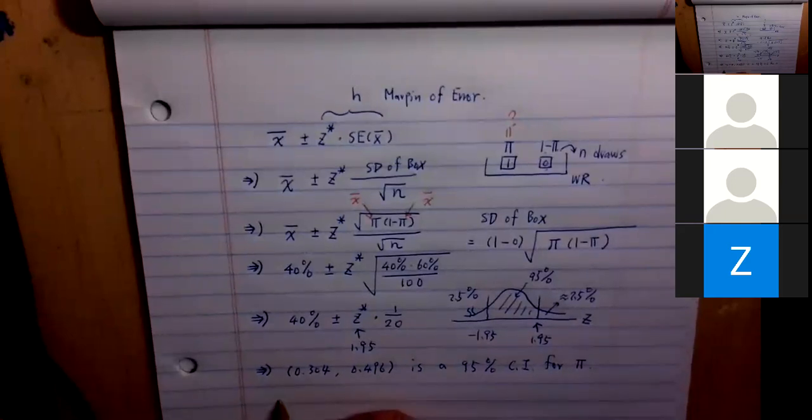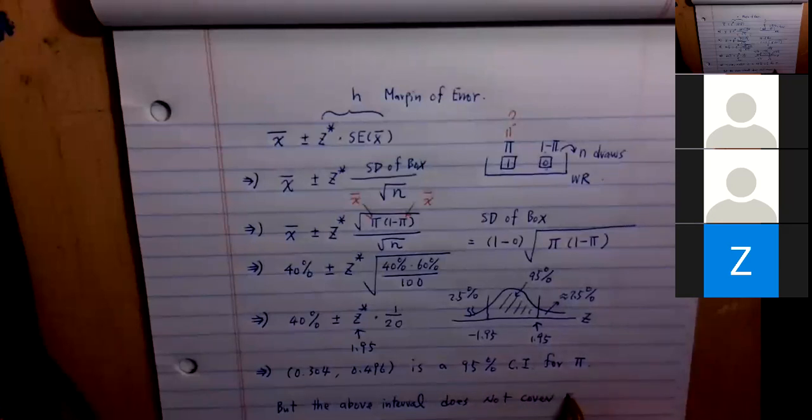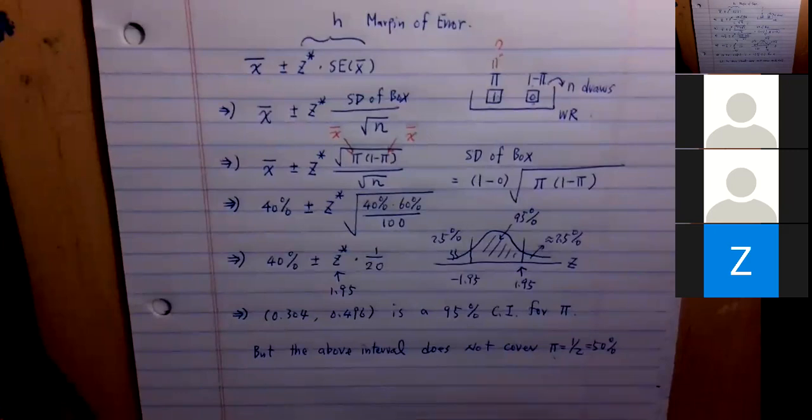But the above interval does not cover pi equal to 1/2, or you say 50%. When pi equals 50%, that's how we call a coin a fair coin. But this interval doesn't cover 0.5, or 50%.